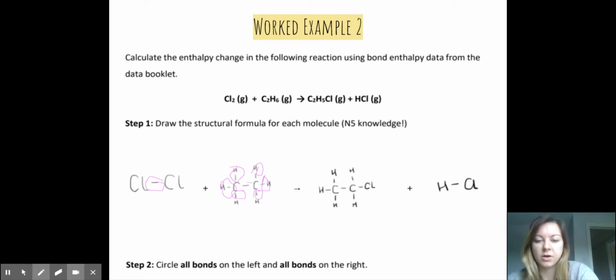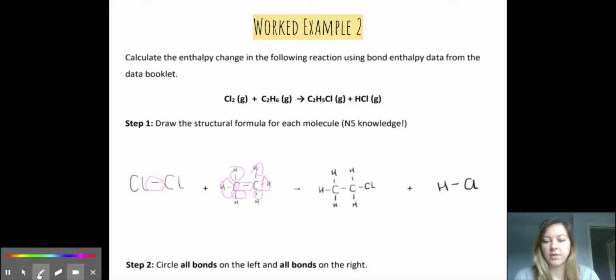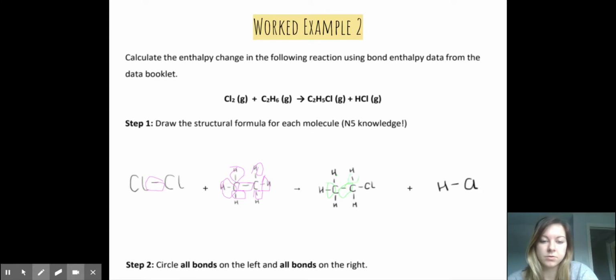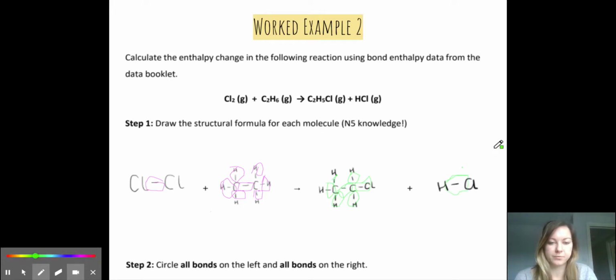Don't forget your carbon to carbon bond in the middle. On the other side, we have a carbon to carbon bond in the middle, 5 carbon to hydrogen bonds, 2, 3, 4, 5, and our last one is a carbon to chlorine bond. We also have a hydrogen to chlorine bond on the right hand side as well.